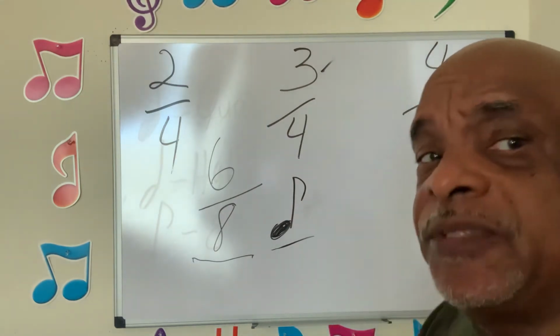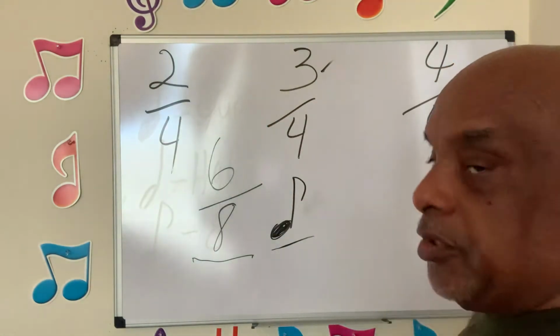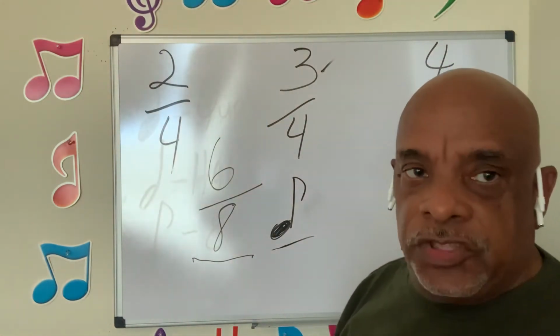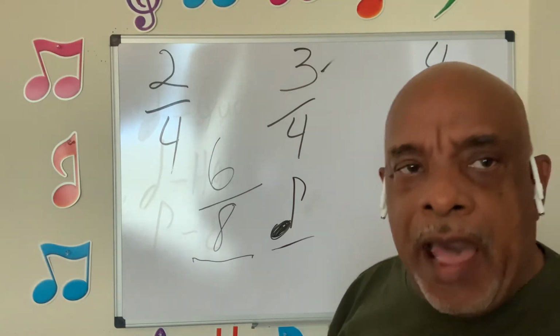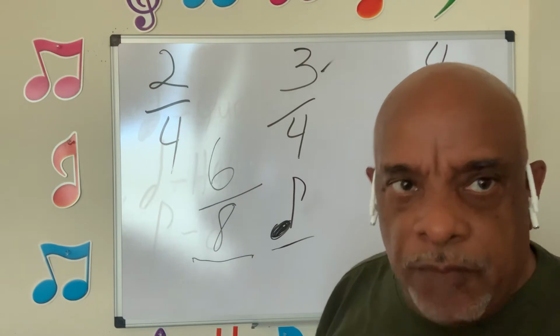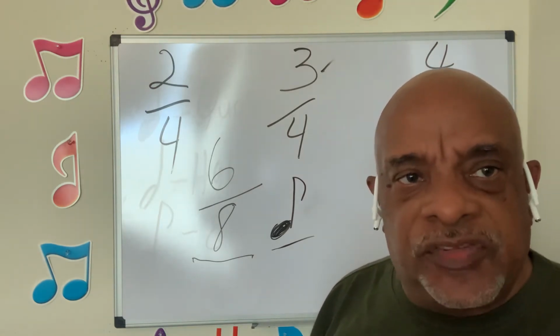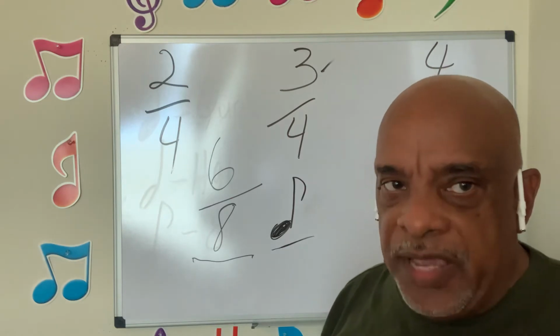In your time signatures, the top number of the time signature tells you how many beats there are in a measure.